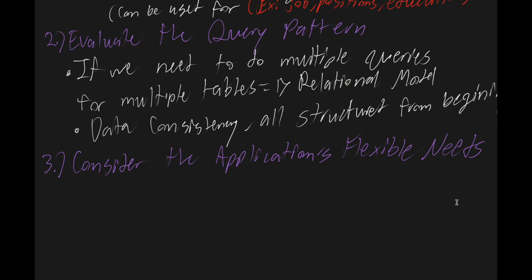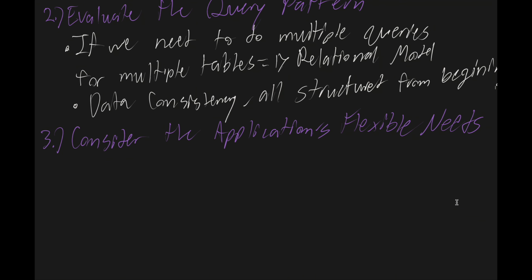And finally, when we consider the application's flexible needs, we need to ask ourselves if the application requires schema flexibility. If you need the ability to quickly adapt to changing data structures, such as new fields without database migration, the document model would actually be beneficial.